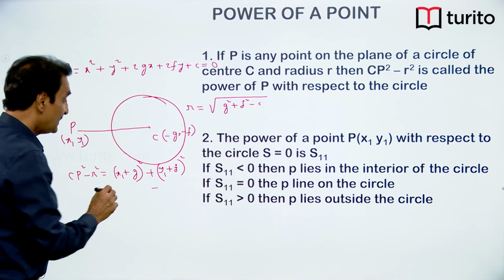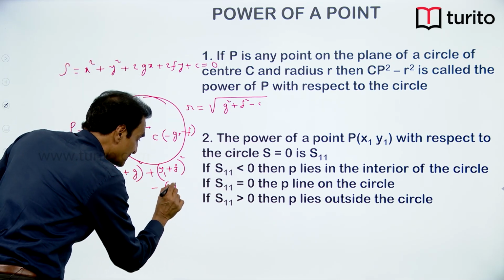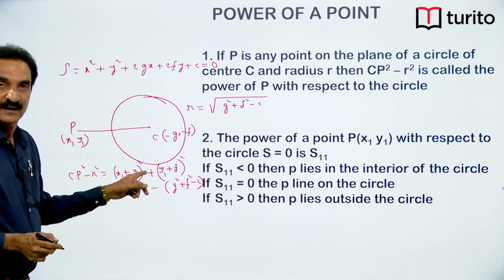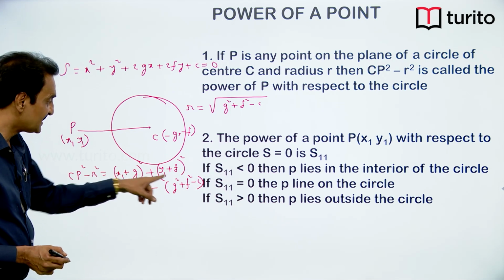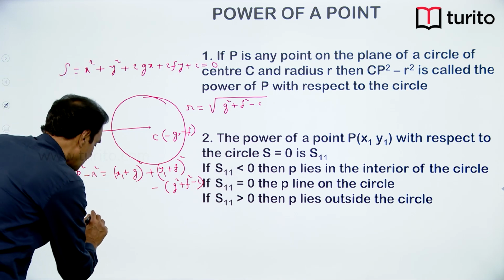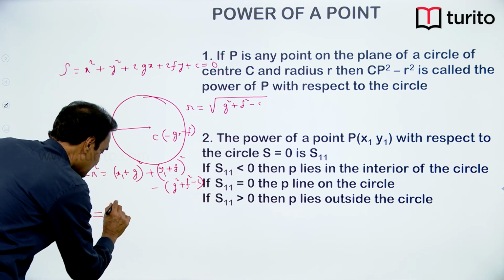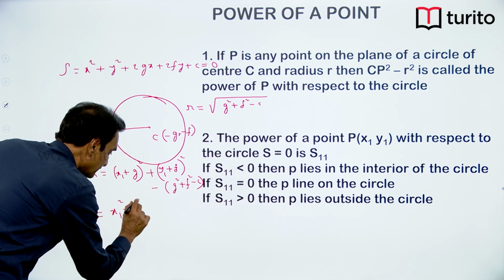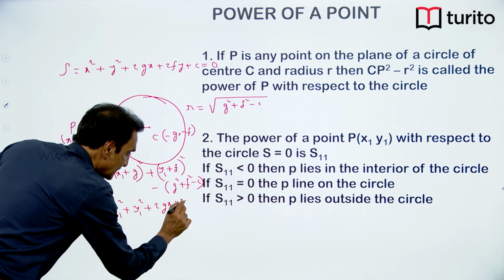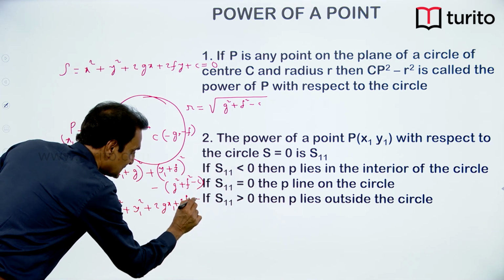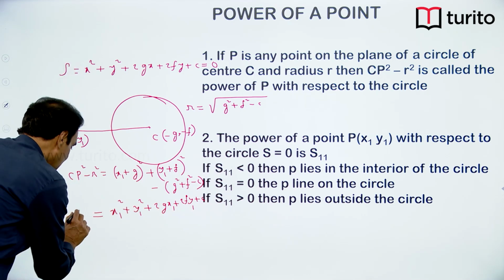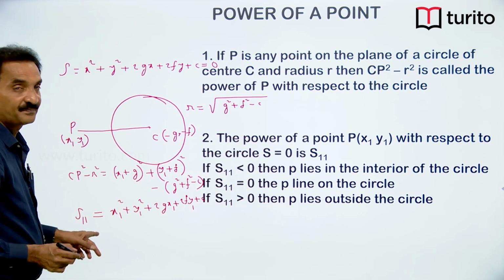What is R square? g square plus f square minus c. You simplify: g square cancels, f square cancels, minus of minus c becomes plus c. Now this expression becomes x1 square plus y1 square plus 2gx1 plus 2fy1 plus c. And just now we discussed that this is denoted by S11.